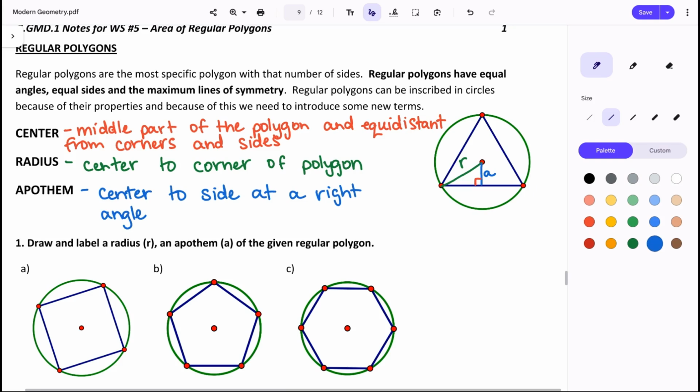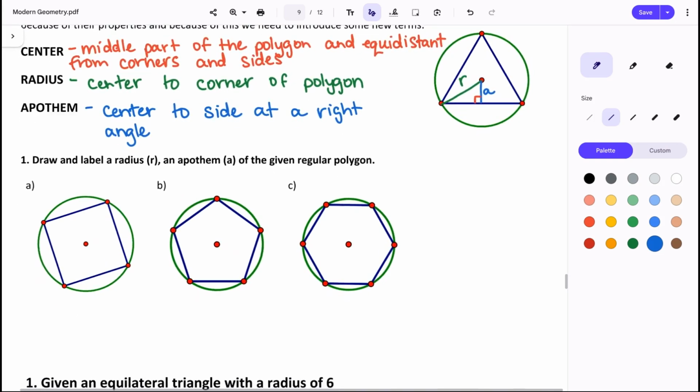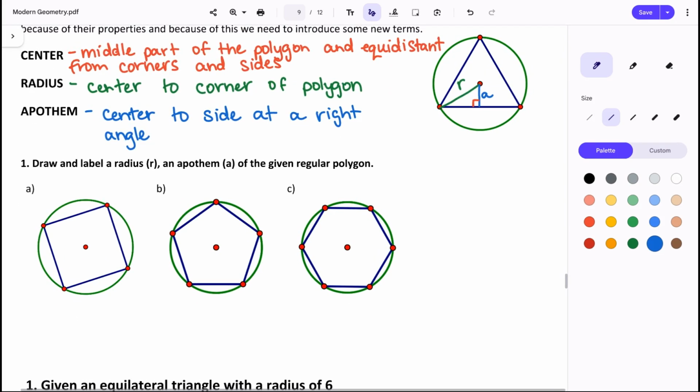So before we even get into finding area, we're going to practice just drawing in the radius and the apothem here. So there's 3 polygons that are all inscribed down here. Okay, we've got a square, a pentagon, and a hexagon. I just want you guys to take a minute, and I want you to practice drawing a radius and drawing an apothem.